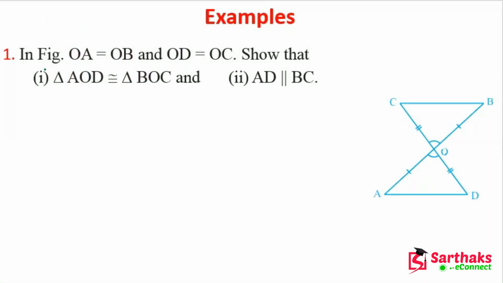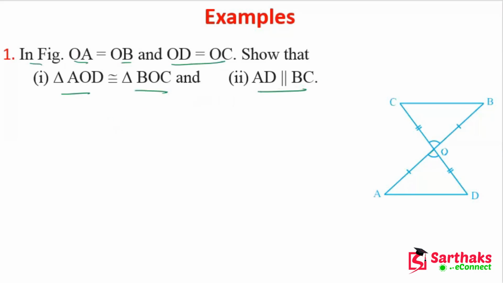In the figure, OA is equal to OB and OD is equal to OC. Now we have to prove that triangle AOD is congruent to triangle BOC, and second part, AD is parallel to BC.